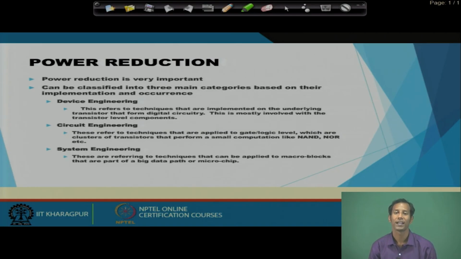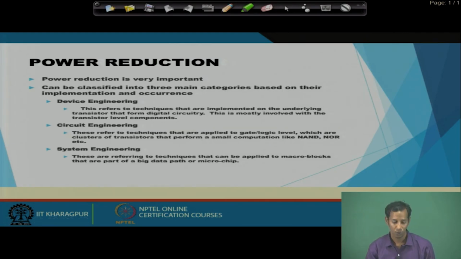If you achieve a power reduction by a factor of x at the lower level, and those transistors or gates are used in your main system 1000 times or 10,000 times, you get a 10,000 times advantage by reducing the power at the device level or circuit level.